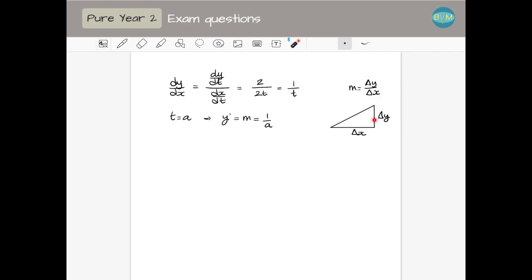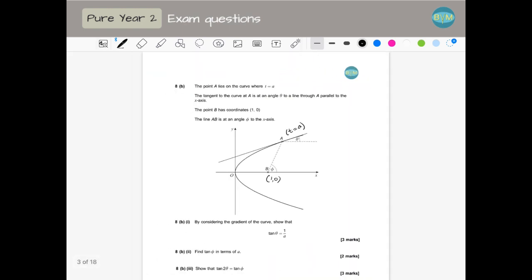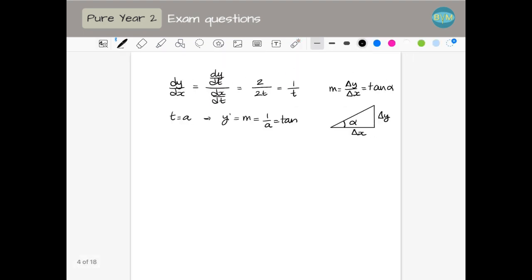But this is precisely opposite divided by adjacent, so the gradient, even if you haven't realized, is the tan of the angle. So this is going to be tan of this angle here, theta. That's what we needed to prove: tan theta is 1 over a.